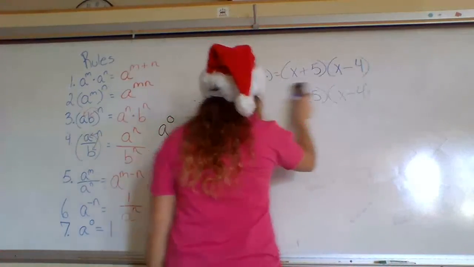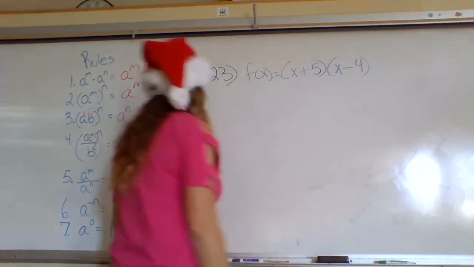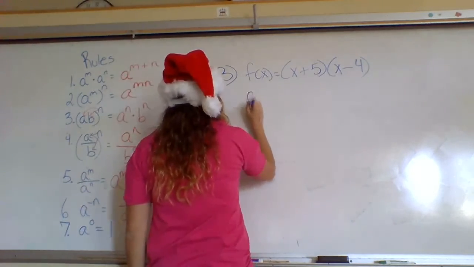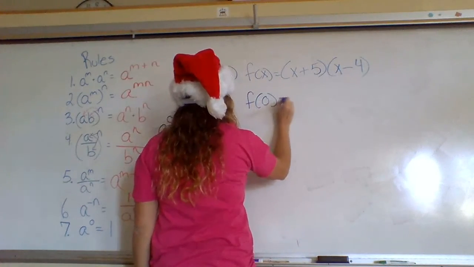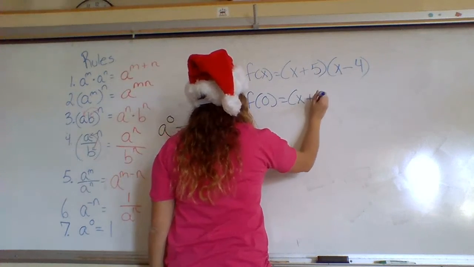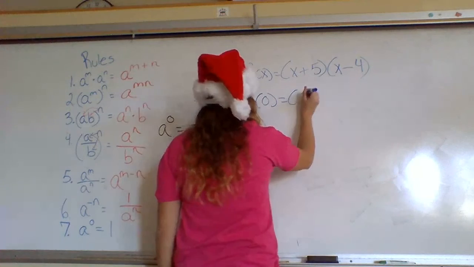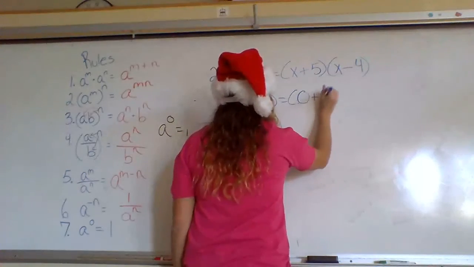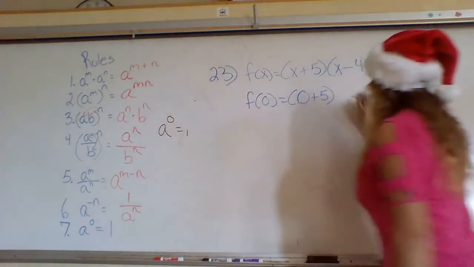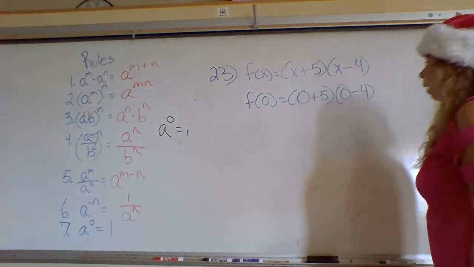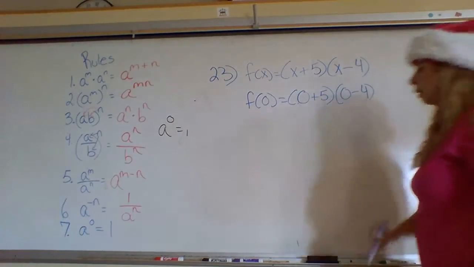Your y-intercept is when it crosses the y-axis, so x has to be 0. So we substitute 0 in for x: 0 plus 5 times 0 minus 4. All I did was substitute 0 in for the x's.